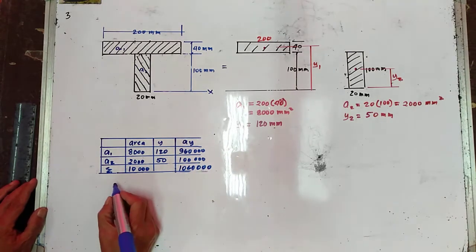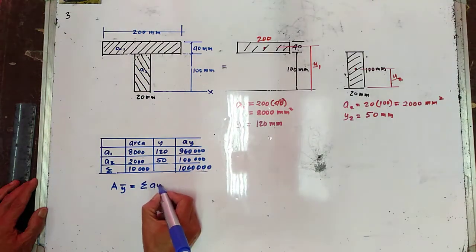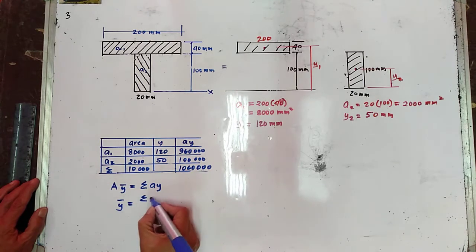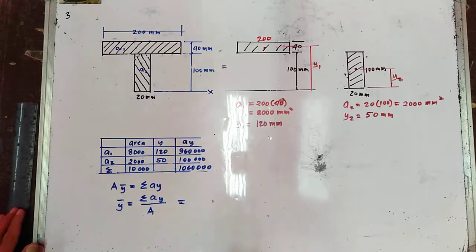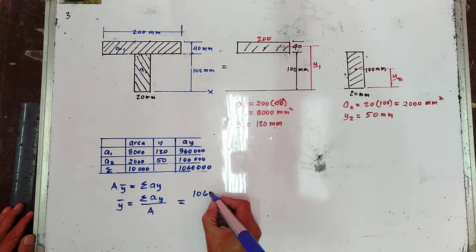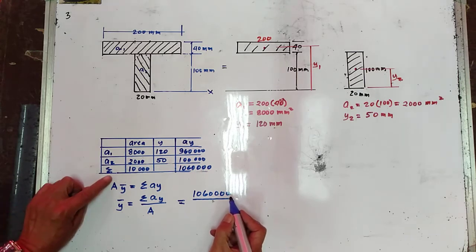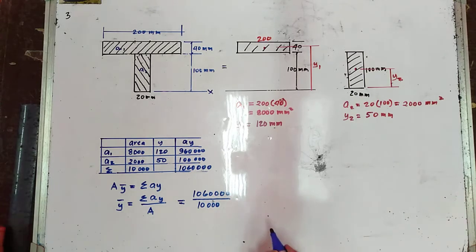Now if you are going to get your bar y, bar y is equal to summation AY all over the total area. And this is therefore equal to summation AY, 1,060,000, all over the total area, which is equal to 10,000 square millimeter.